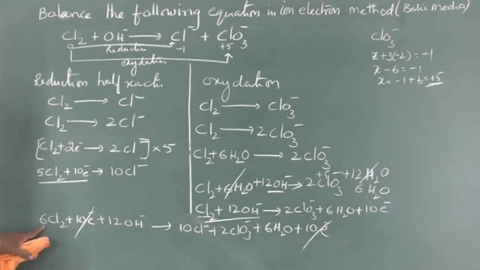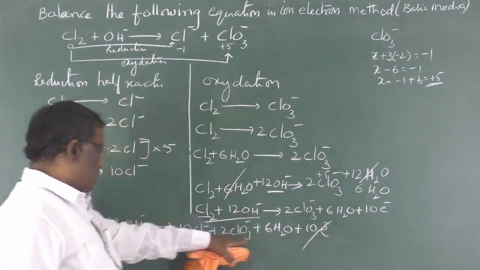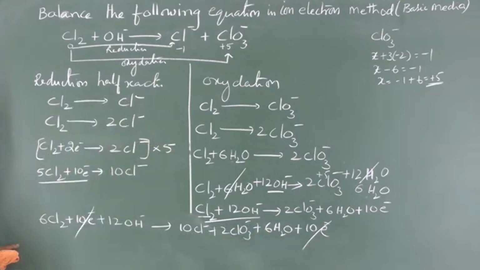So here we have 6, 12, 10, 2, 6. All are divisible by 2. We can keep the equation like this only. There is nothing wrong in it.